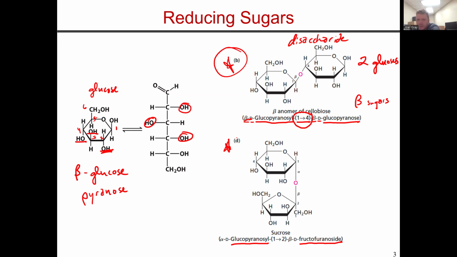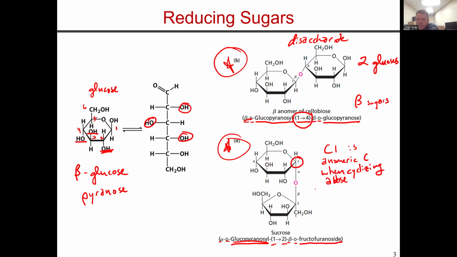Now, if we look at this other structure, D, we've got an alpha D glucopyranosyl 1,2 beta D fructofuranoside. In this case, carbon number 1 is our anomeric carbon. When we cyclize, C1 is the anomeric carbon when cyclizing an aldose.